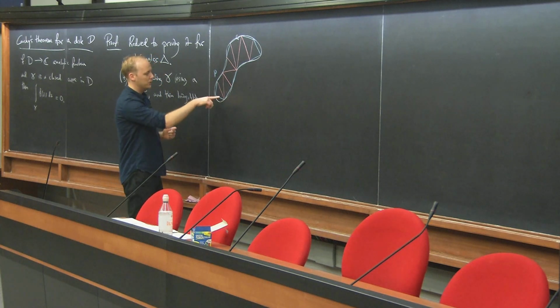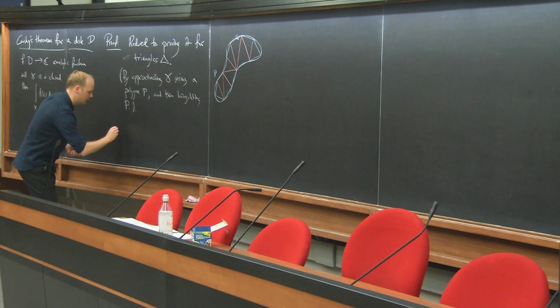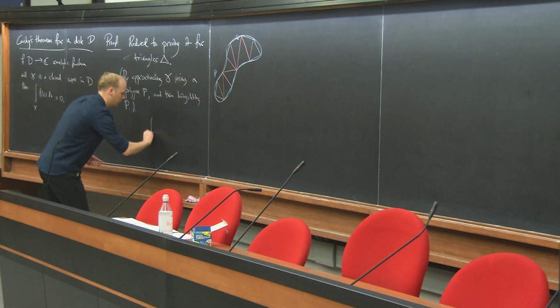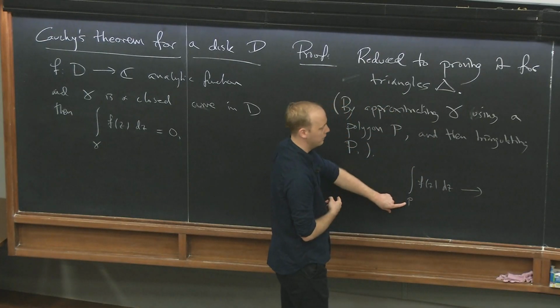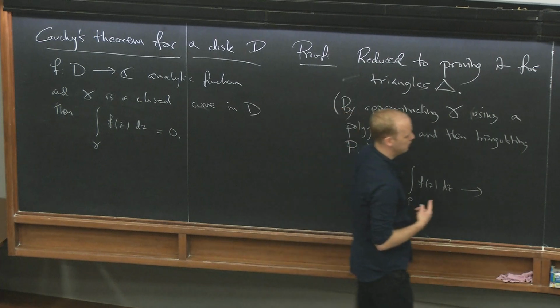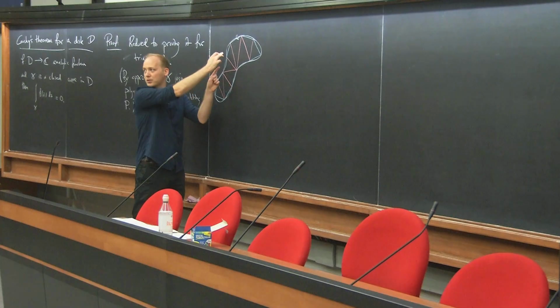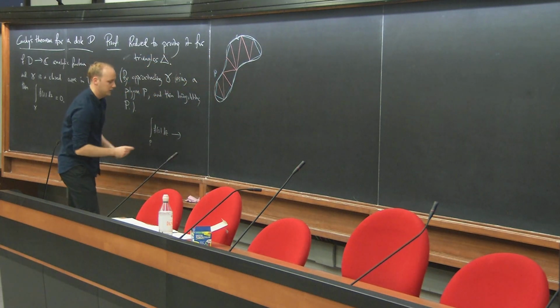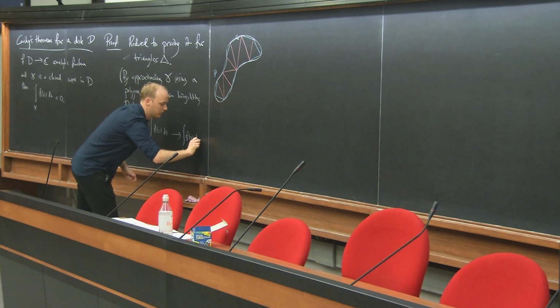Okay, and the point was, first of all, that this integral along the polygon of f of z dz, by refining the polygon by taking more and more edges, so we take the points closer and closer together on gamma, would converge to the integral along gamma, to what we want.